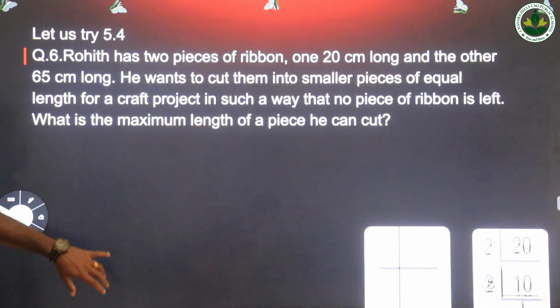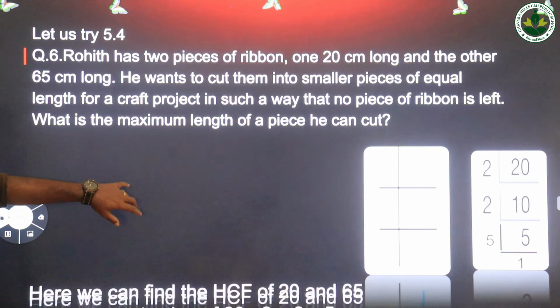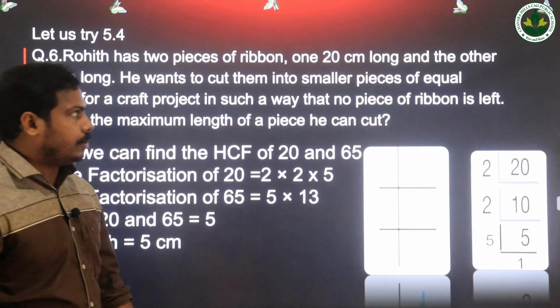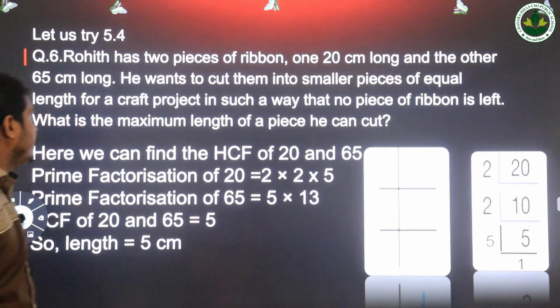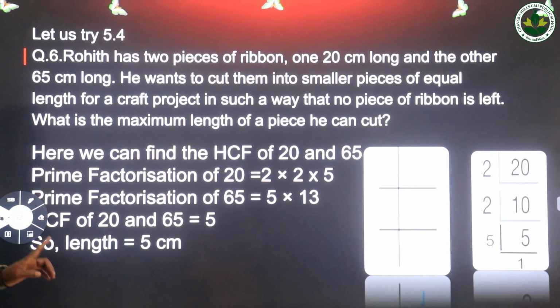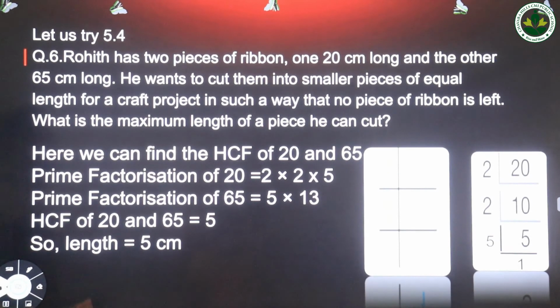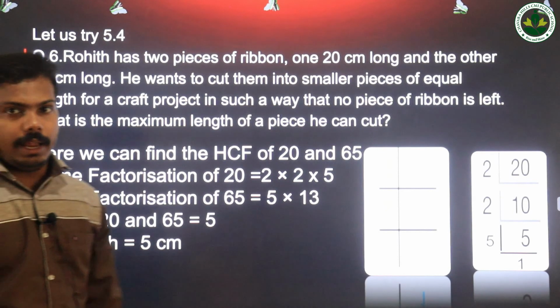Once more I will tell. Here the question says Rohit has 2 pieces of ribbon, one 20 centimeter long and the other 65 centimeter long. He wants to cut them into smaller pieces of equal length for a craft project in such a way that no piece of ribbon is left.